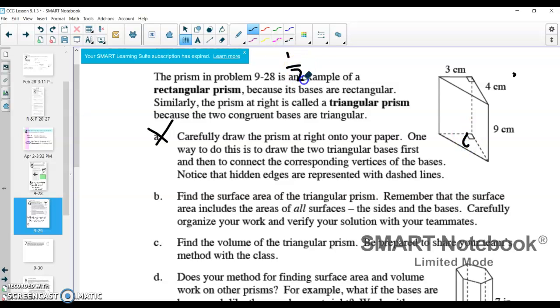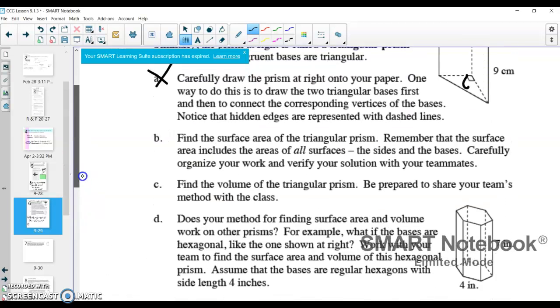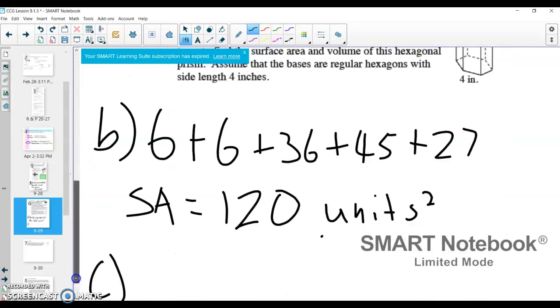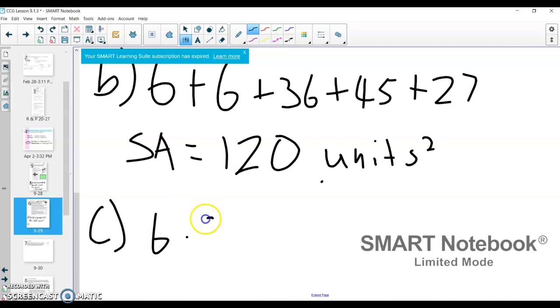It was 1/2 base times height, which was 1/2 times 4 times 3, which gave me 6. The area of that first layer is 6. There are 9 of those layers, so I just do 6 times 9, and that gives me a volume of 54 units cubed.